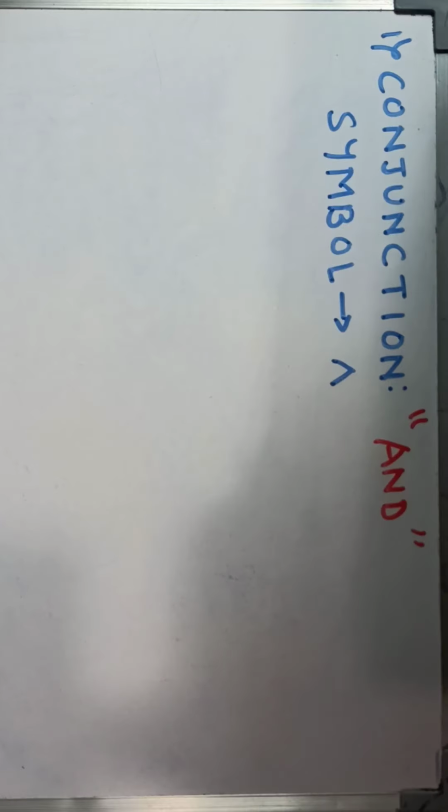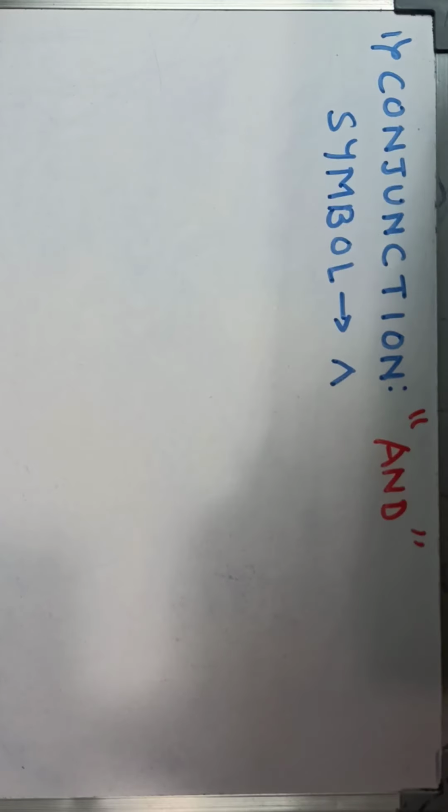So let us see what the different connectives are that are used. The first one is conjunction. If we join two statements using the word and, then the statement that is formed is called a conjunction.